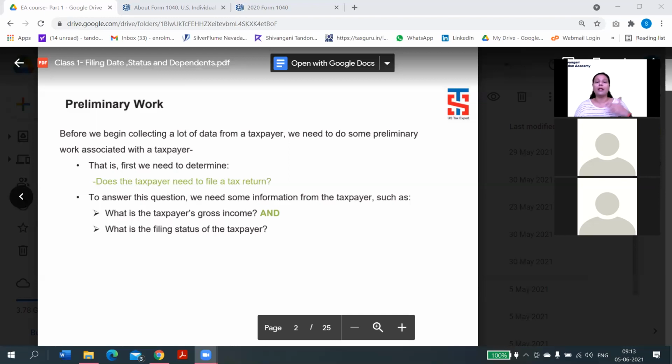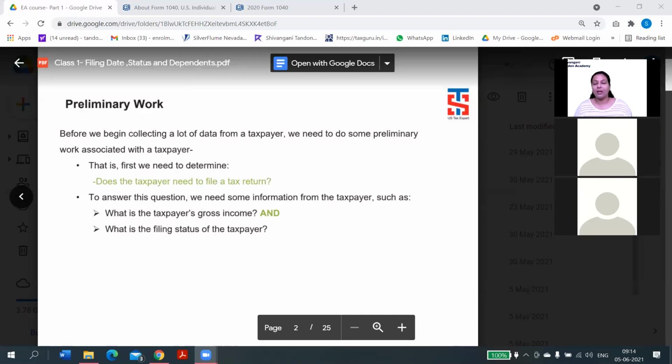This was the story behind the preliminary work. Before we begin collecting a lot of data from the taxpayer, we need to do some preliminary work. Definitely, we need to look into the previous year return, and we need to check whether the client needs to file a tax return in the current year or not. Maybe your client does not have enough income to report.